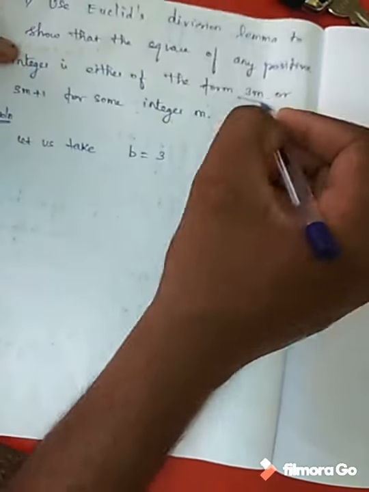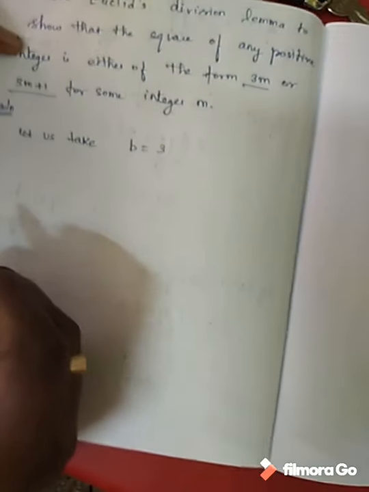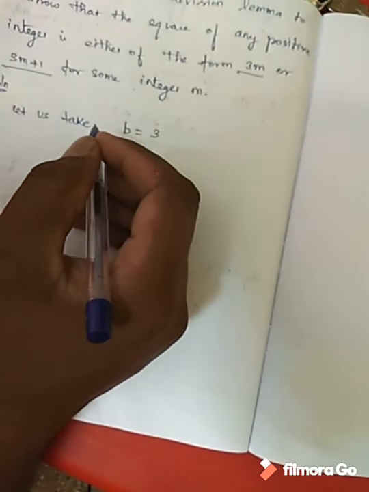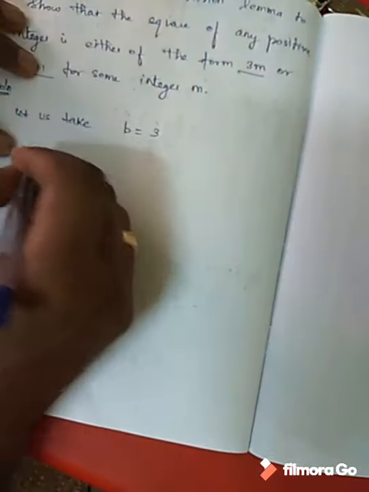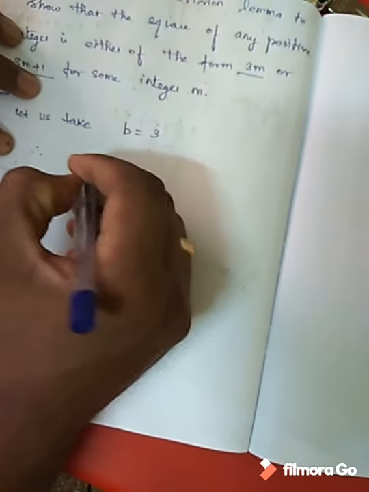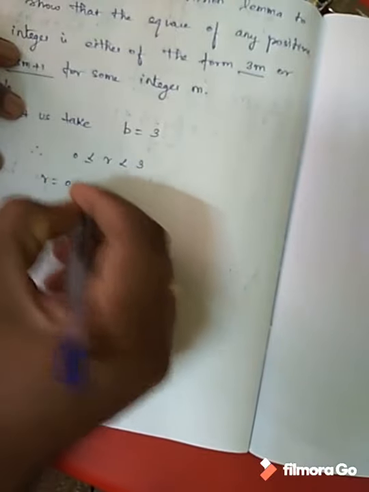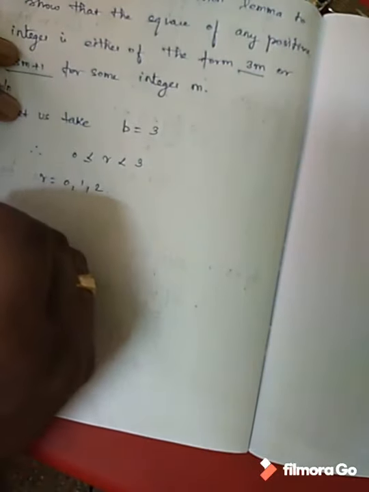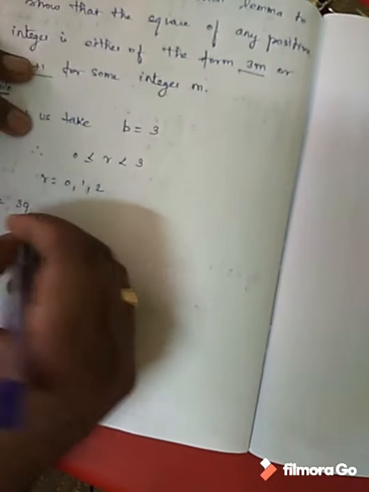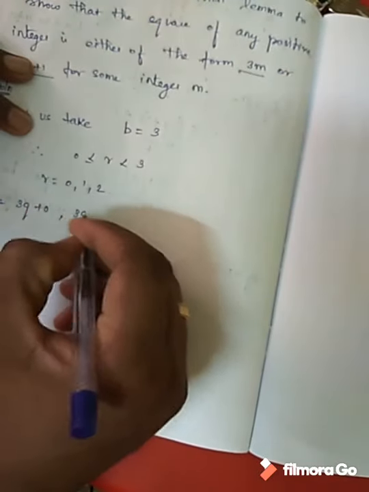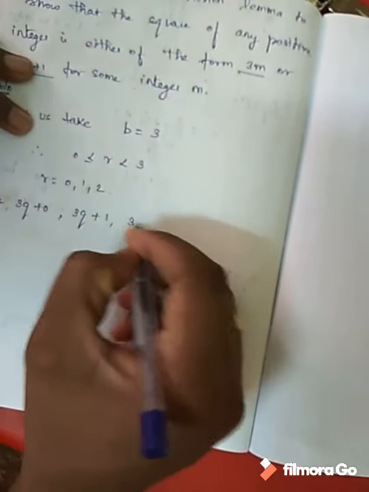Since it is given 3m or 3m plus 1, I can take b value equal to 3. Therefore r can be greater than or equal to 0 but less than b. So r will take 0, 1, 2. Therefore a can be written as 3q plus 0, 3q plus 1 and 3q plus 2.